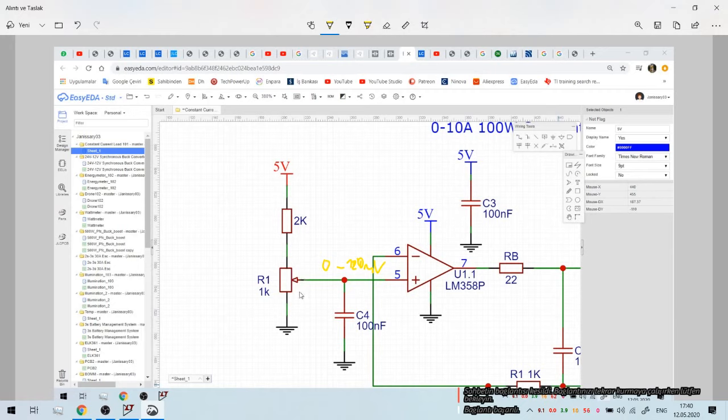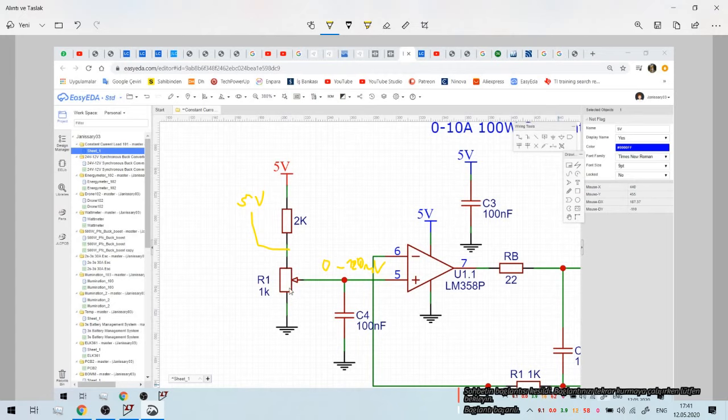If we don't use this and connect the 5-volt rail through here, the potentiometer winding, this connection can go up to 5-volt and down to 0-volt.